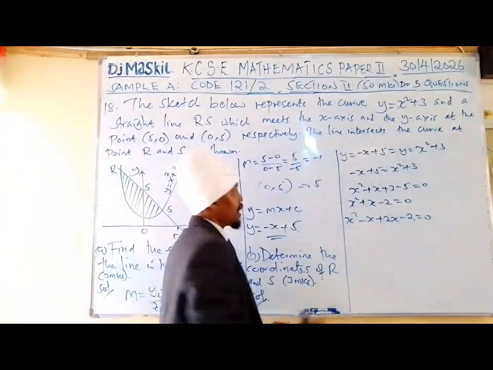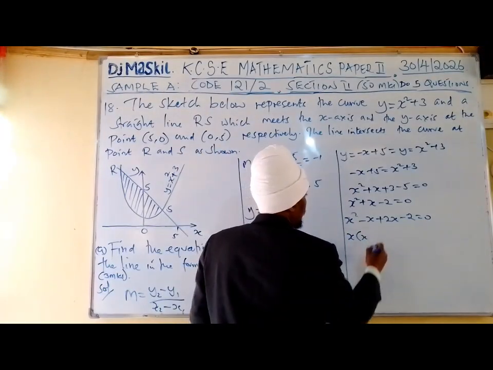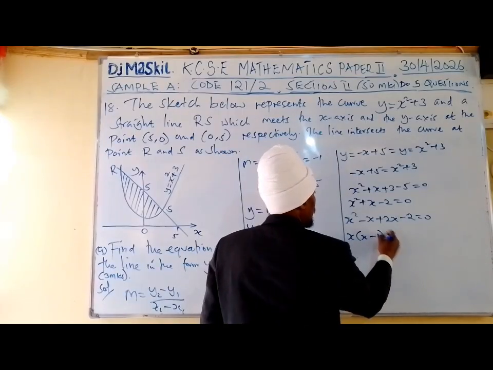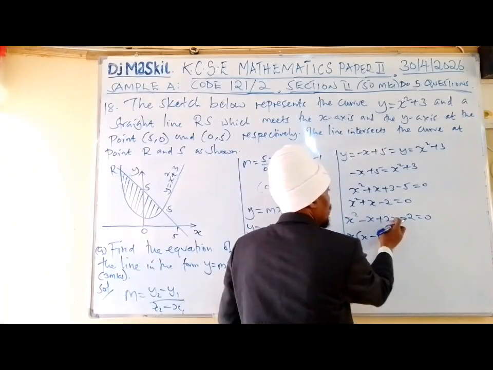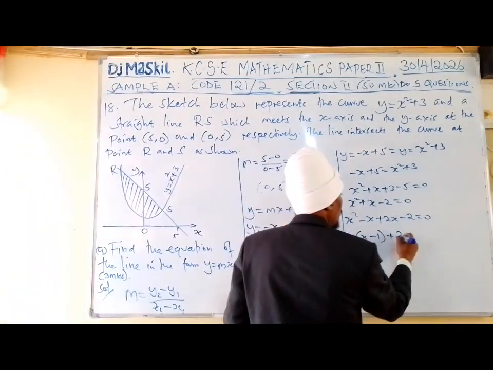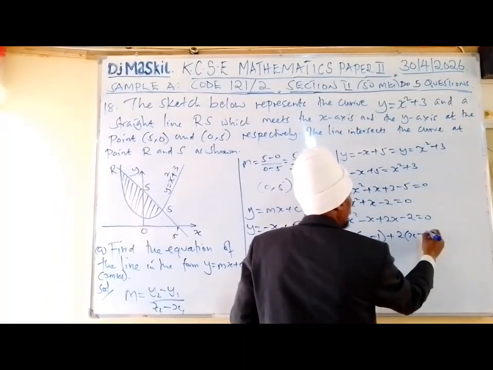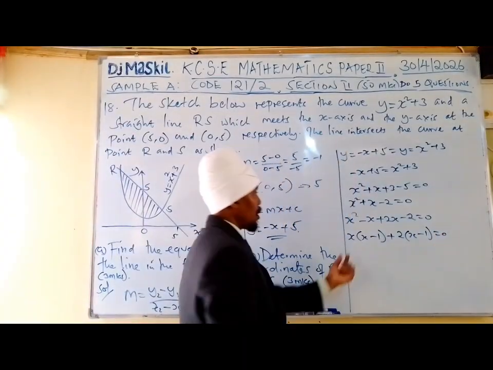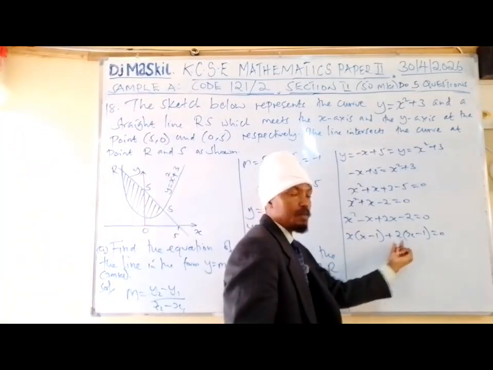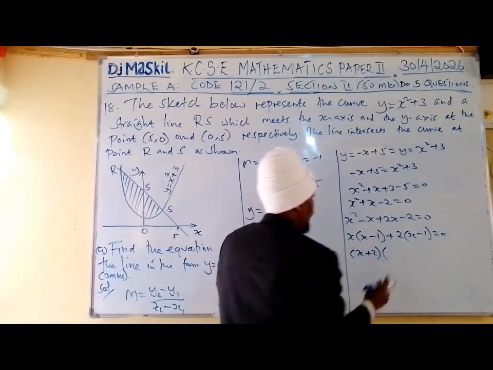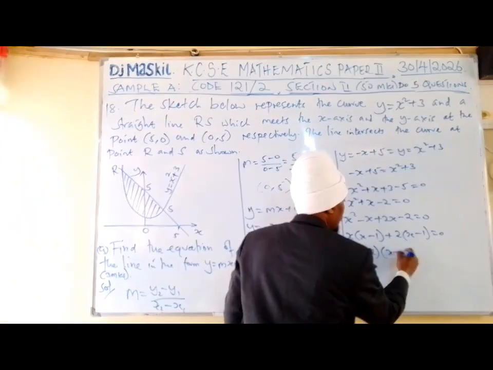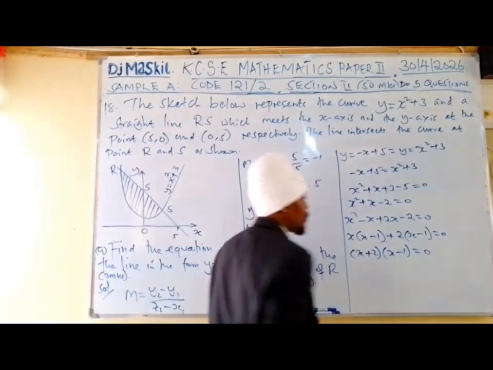We factor out x, we say x into bracket x minus 1, then plus, we take the constant, we say 2 into bracket x minus 1 is equal to 0. We take our x and our positive 2 into one bracket, we say x plus 2, and one of the brackets, which is x minus 1, is equal to 0.